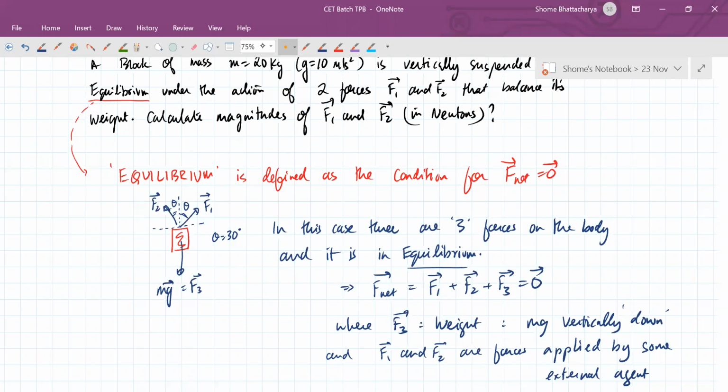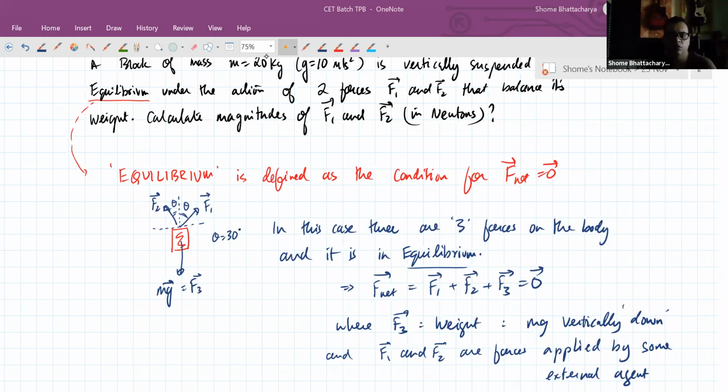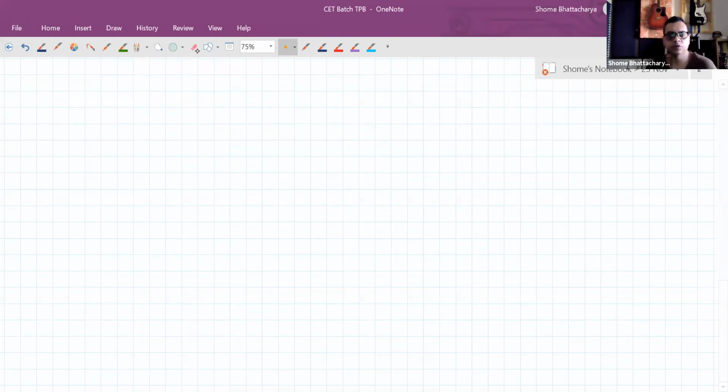Okay, nobody got the answer yet. It's pretty easy question actually. You have to just make the vector sum of the three forces equal to 0. So what you can do is you can use component algebra. That's one easy thing to do.